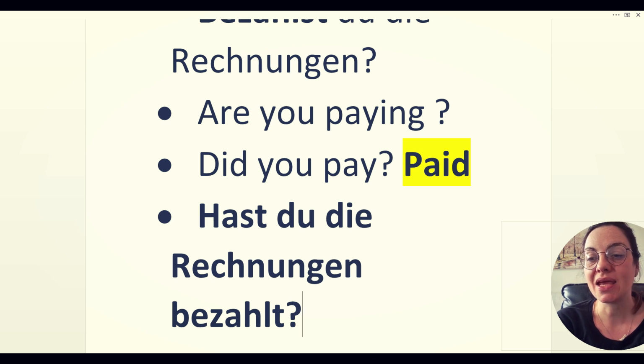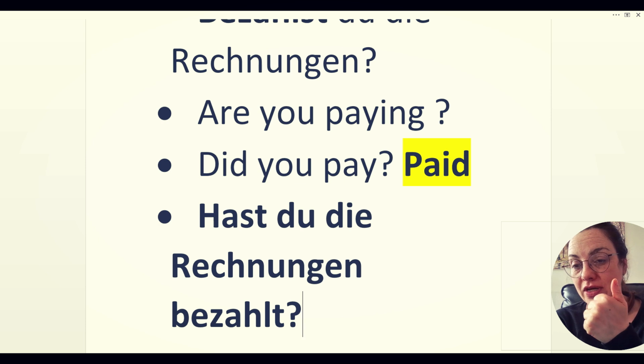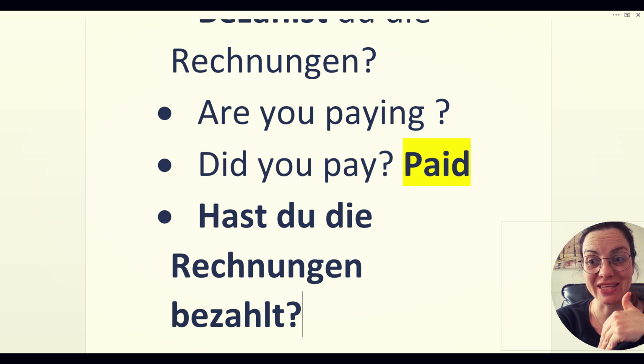So bezahlen, verstehen. These prefixes be and ver are inseparable prefixes. So when we want to form the past participle of these verbs, we don't add ge at the beginning. Unlike kaufen and arbeiten, where we say gekauft, gearbeitet.